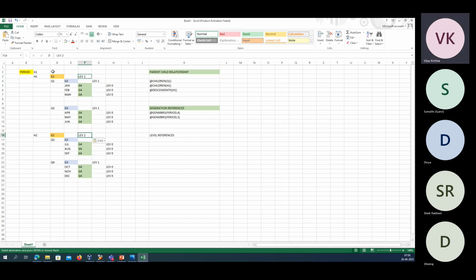This is called level 3. Understood? Clear?